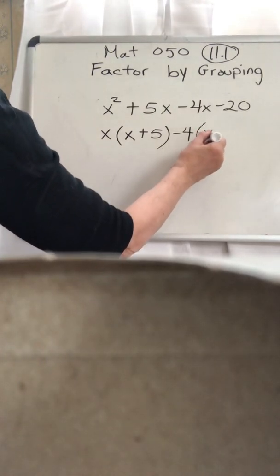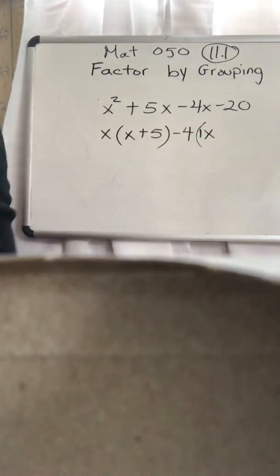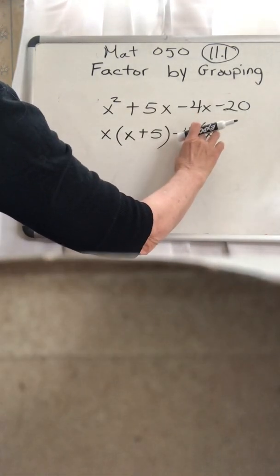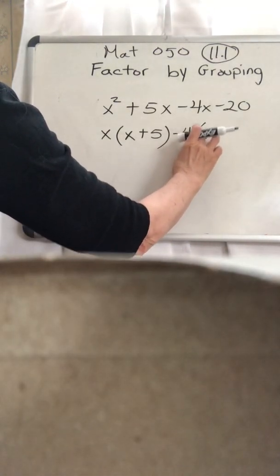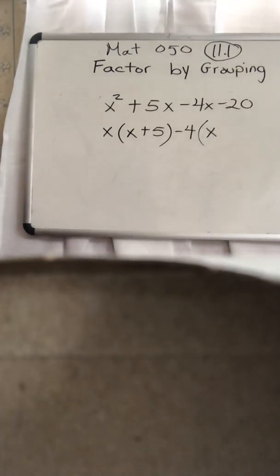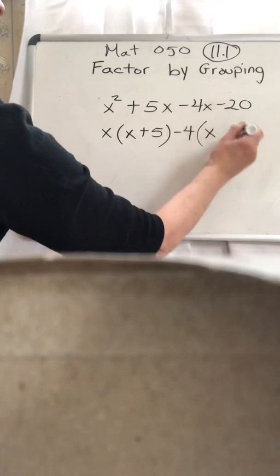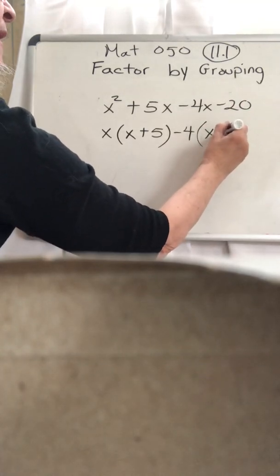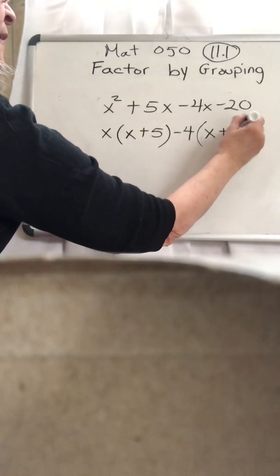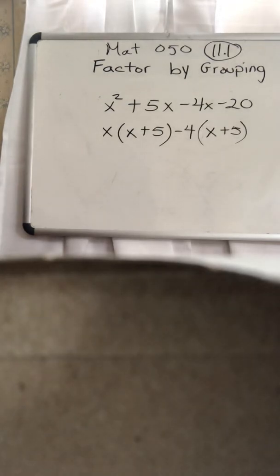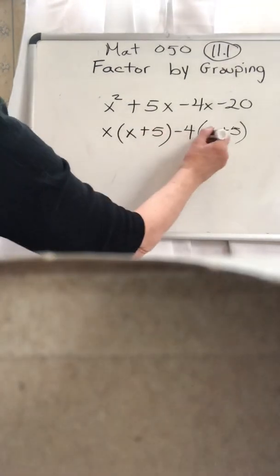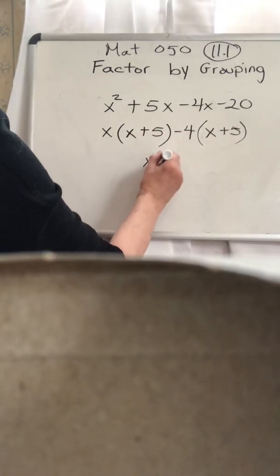So I'm just going to write the x. If you want to write that 1, you can, but I'll leave it just x. What would I need to multiply a negative 4 by to get a negative 20? It would have to be a positive 5. So now I see that my two parentheses are exactly the same.